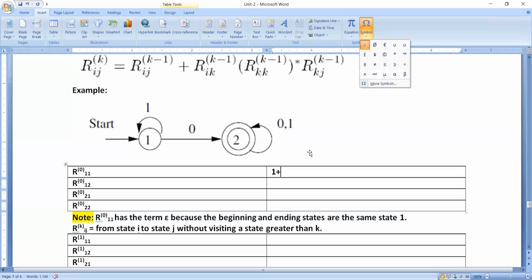So please remember this. The reason I am adding this epsilon is that the beginning and the ending states are the same. That is the reason I am going to add the epsilon.